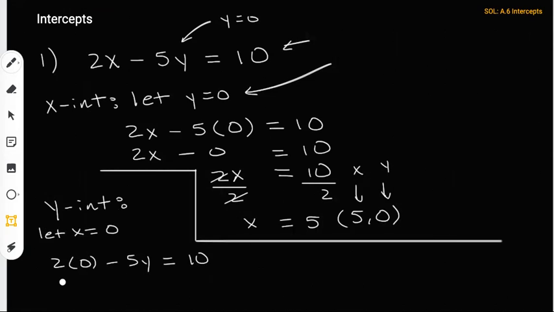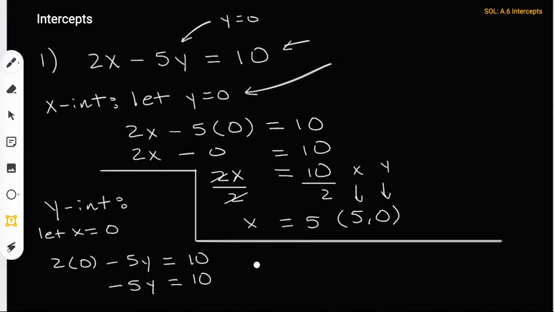All I'm doing is I'm letting x equal 0. So 2 times 0 is going to give me 0. The 0 can just be left off. It doesn't matter anymore. And now I have negative 5 times y equals 10.